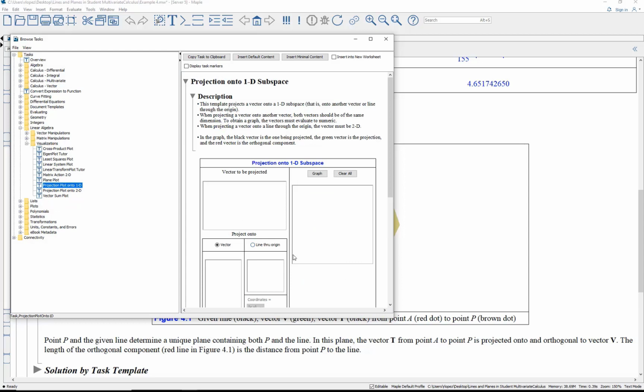Here is the task template. You can insert it by clicking one of these two buttons. Default content means you get this extra verbiage. Minimal content means you get enough to make the thing work.